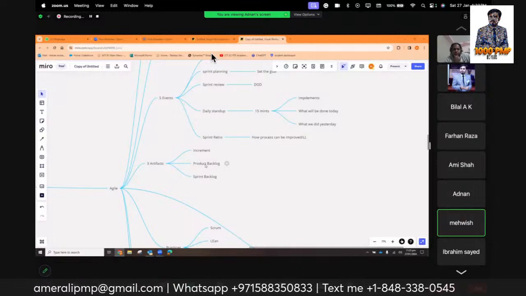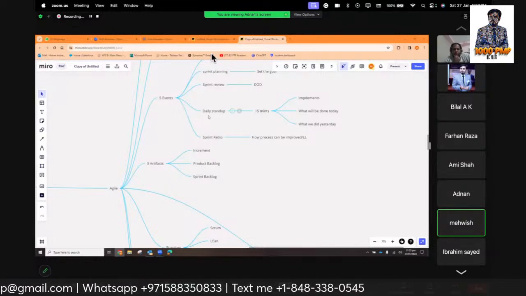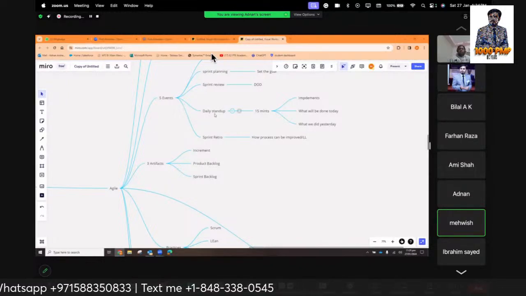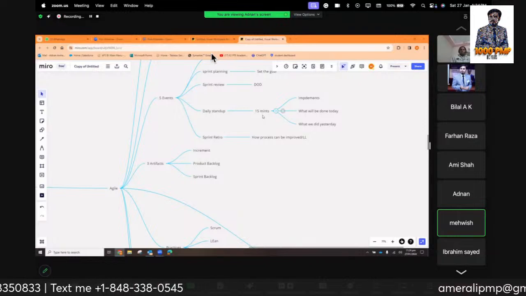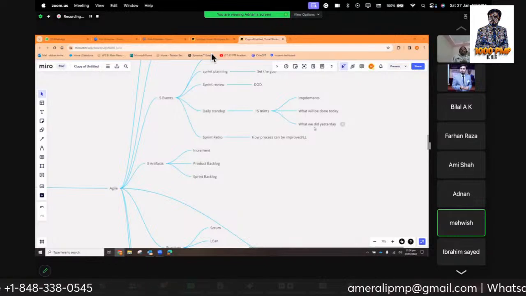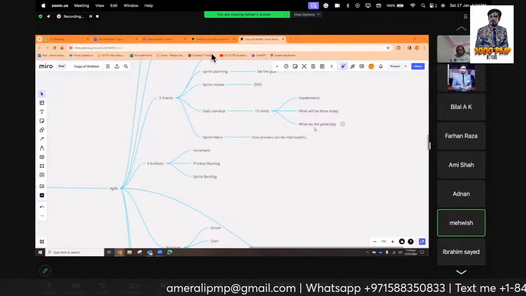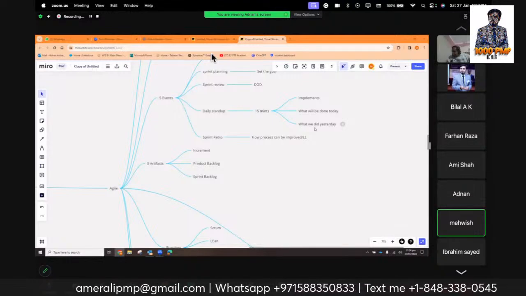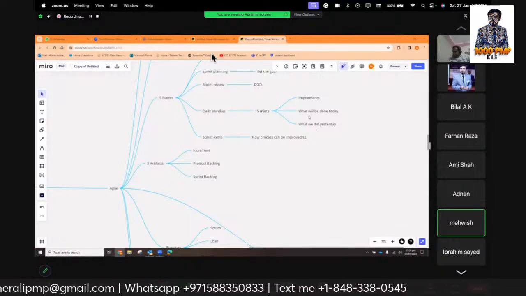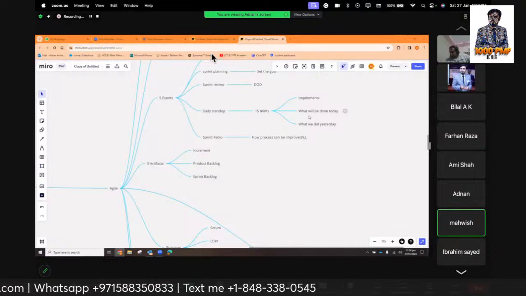Then we have another sprint event, which is the daily stand-up. This is basically a 15-minute meeting with the team, where the team and the Scrum Master join, and we discuss the daily progress, what we did yesterday, what we have done today, and if there are any roadblocks. We don't discuss the roadblocks in the meeting.